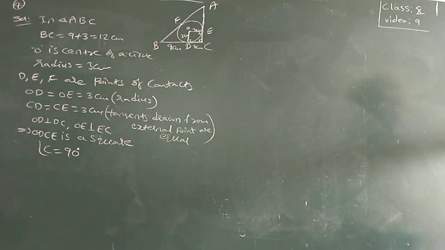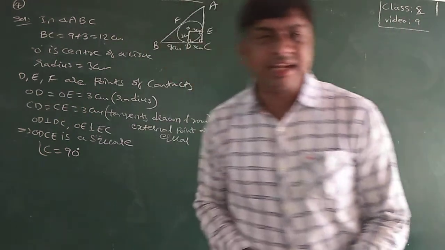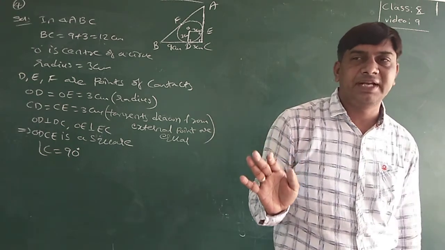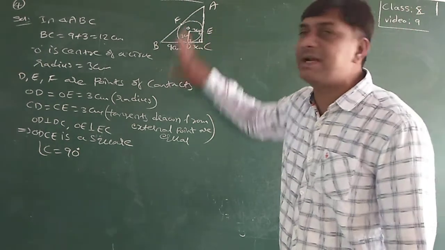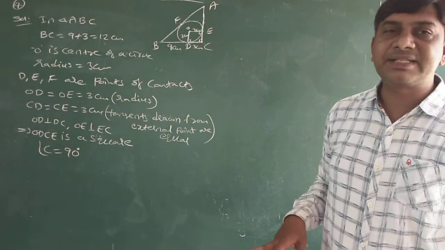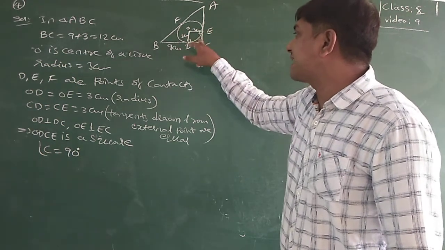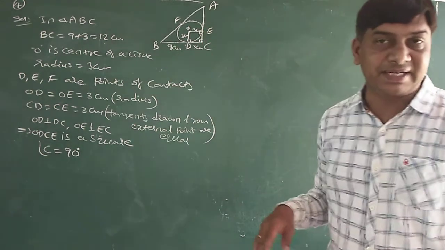See here, ABC is one triangle given. They did not mention which type of triangle, nor give information about the triangle. The triangle is circumscribing a circle, and the radius of the circle is 3 centimeters.